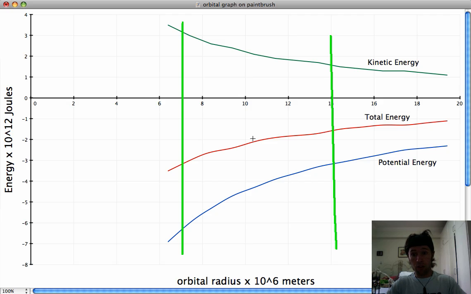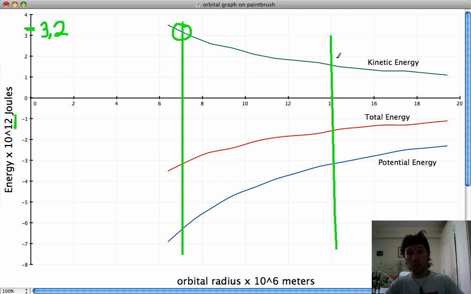But if we look at what happens to its energy, most importantly, its kinetic energy at 7 million meters would be here, and that's at about 3.2 times 10 to the 12th joules.